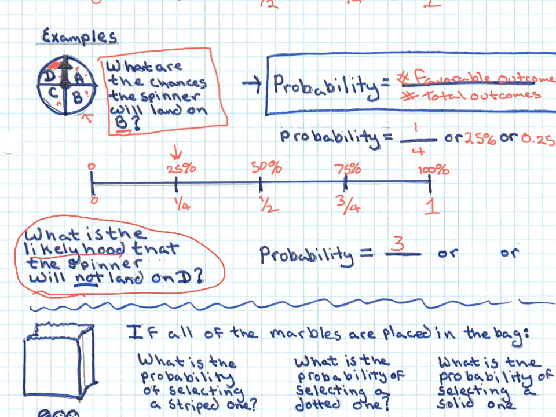And my total outcomes is still 4. So it's going to be 3/4 or 75% or 0.75. Let me fix my 4. It looks really weird. And so it would go right here on the continuum.